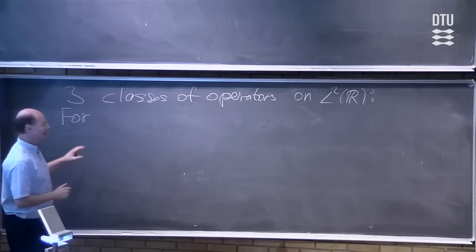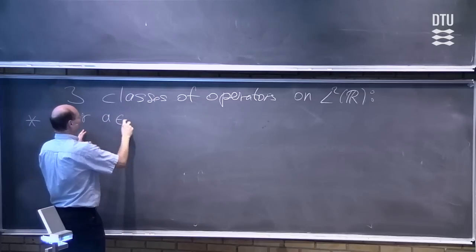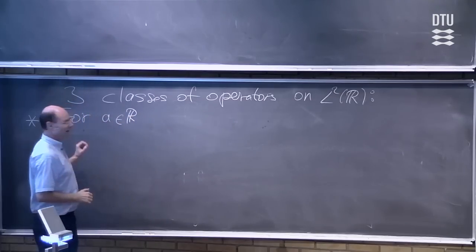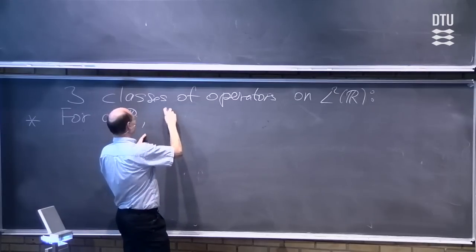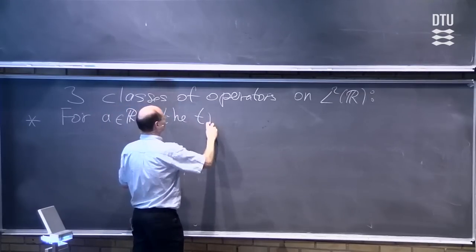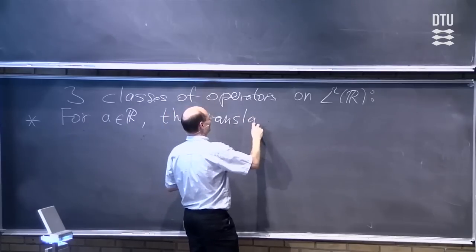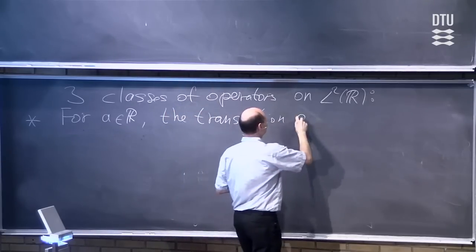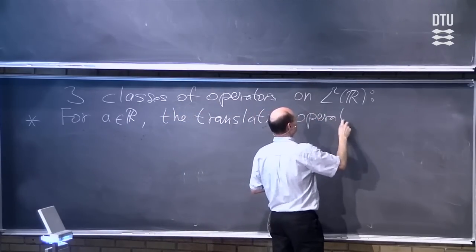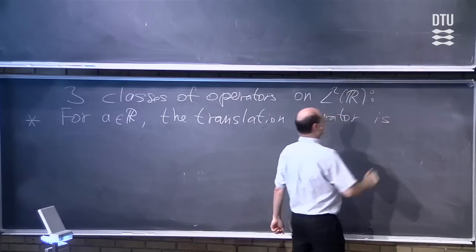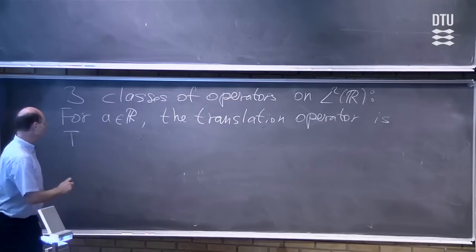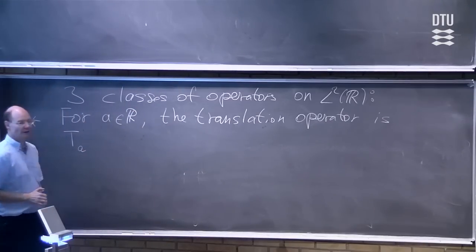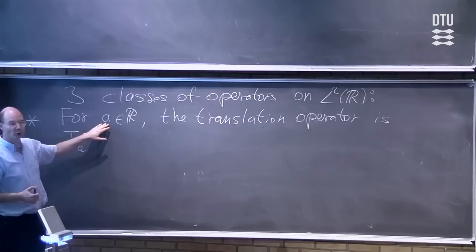So we have to introduce a certain parameter. So we say that for some real number a, we consider the translation operator, and this is something we will denote with a T, and then we put an index a because it depends on which value a we have chosen.